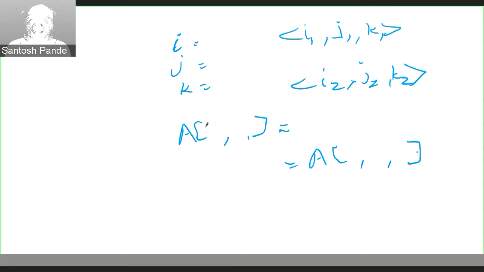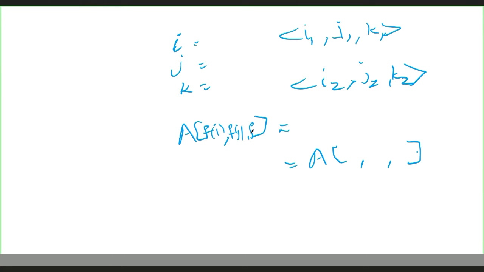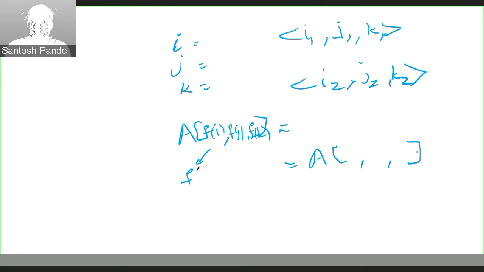For the sake of it, I have some function of I here, some function of j here, and some function of k here. So this is a function of I, similarly a function of j and a function of k only. And similarly over here, there are functions of I, j and k in each respective dimension.